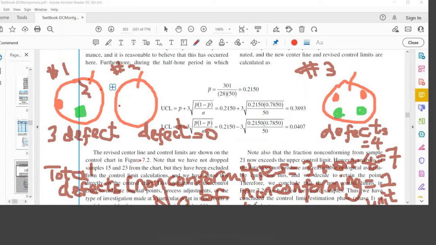If we say defective, it means defective units, same as non-conforming units. I hope that is clear for you. Okay, I'll move on.